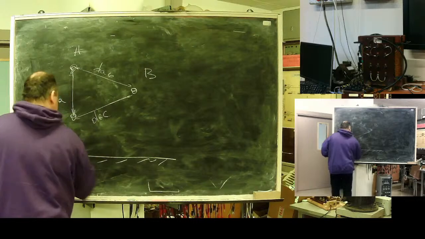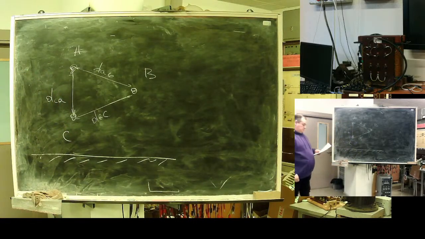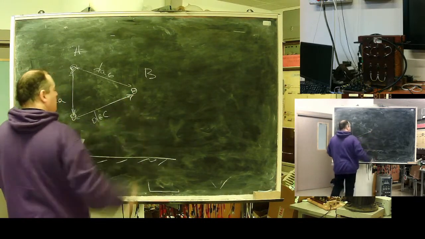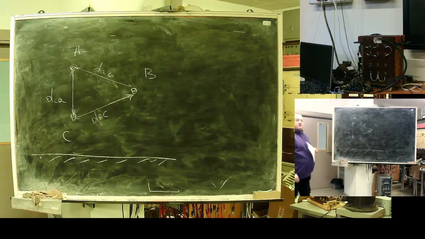All this is above conductive earth. And to make our life simpler, let's assume the line has a full transposition cycle for the whole line, so it's equal coupling with the ground current.